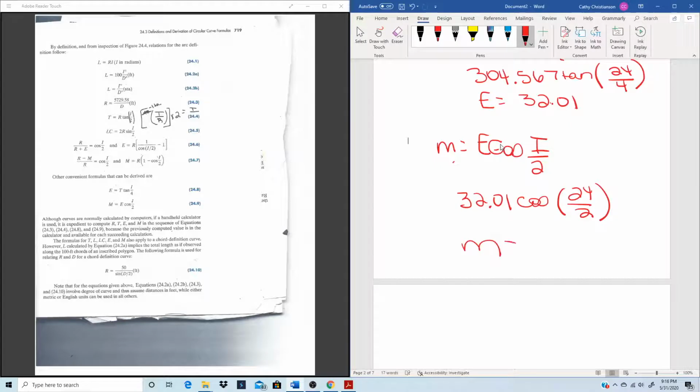So when I solve for M, I'm going to get 31.31. Alright, so the last thing we have to calculate is PC and PT.